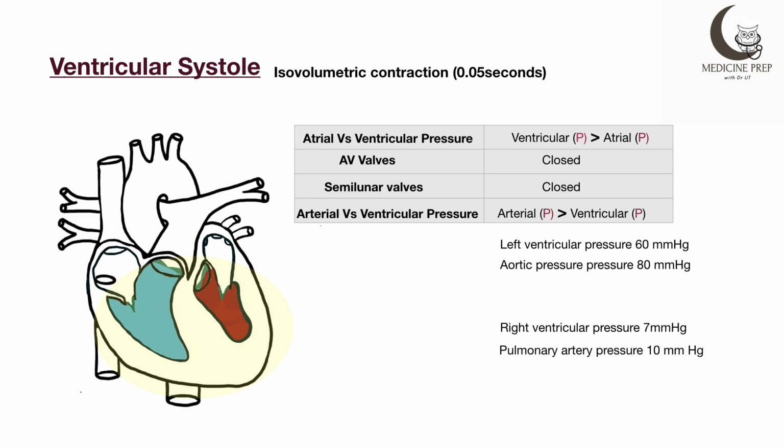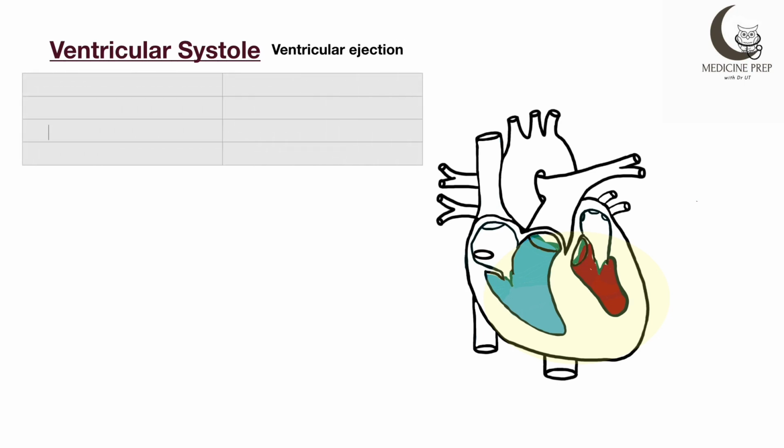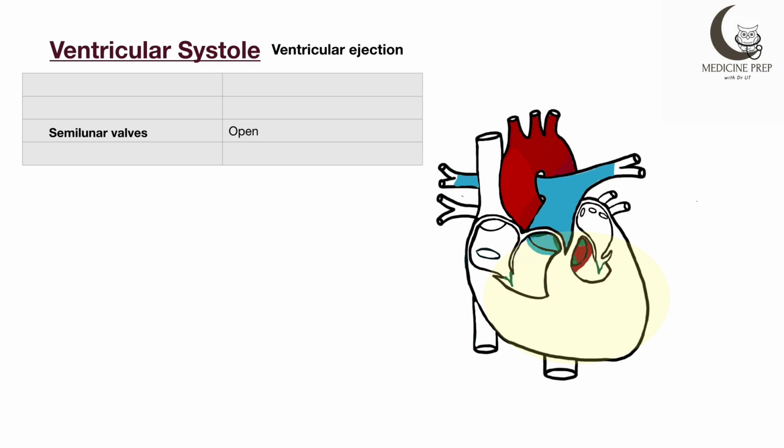Now, this short period of isovolumetric contraction is followed by opening of the semilunar valves, because the ventricular pressure is constantly increasing because of the systole. And the moment your ventricular pressure becomes greater than your aortic and pulmonary artery pressure, your semilunar valves will open, leading to a rapid flow of blood from the ventricles into the great arteries.